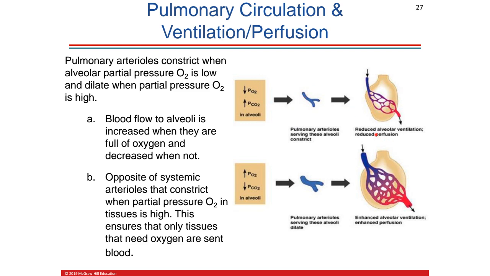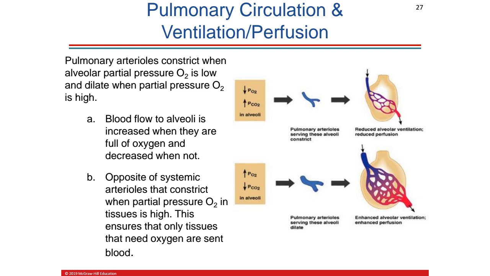And so now there's less blood flow to this particular alveolus. This makes sense because this alveolus isn't getting a lot of oxygen, so there's really no reason to send a lot of blood to it, because we won't be able to pick up that much oxygen since it's simply not getting ventilated as much.